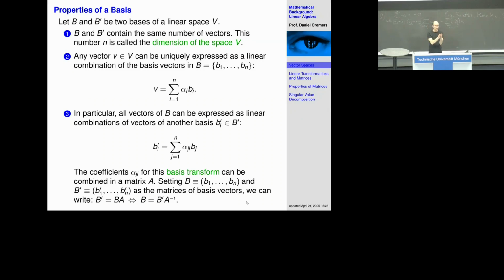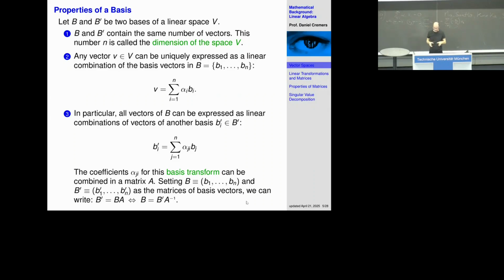You would say, assume there are 2 different ways to express the same vector. Some linear combination with coefficients alpha i, and another linear combination with coefficients beta i that expresses the same vector. Since it's the same vector, you can then say sum of alpha i b_i must be the same as sum of beta i b_i.